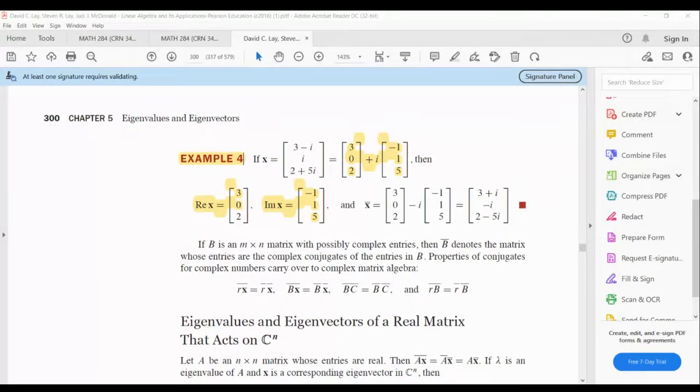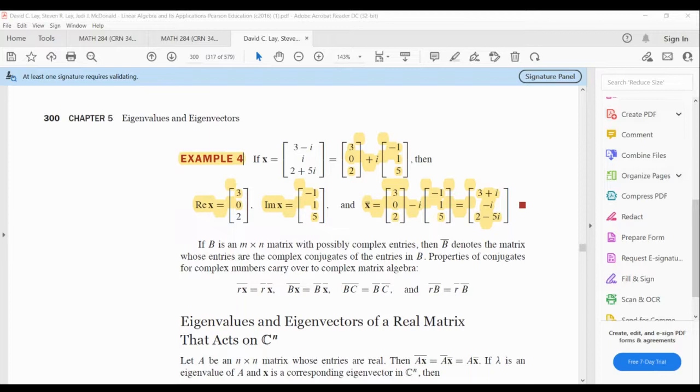The complex conjugate of the vector x, they denote that with an x with a bar over it. So it would be what you see there. Just a little bit of terminology for you.